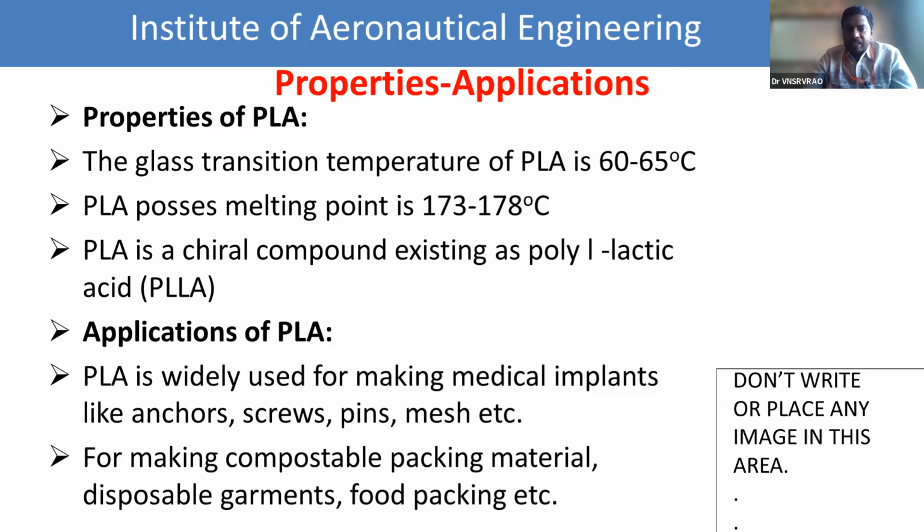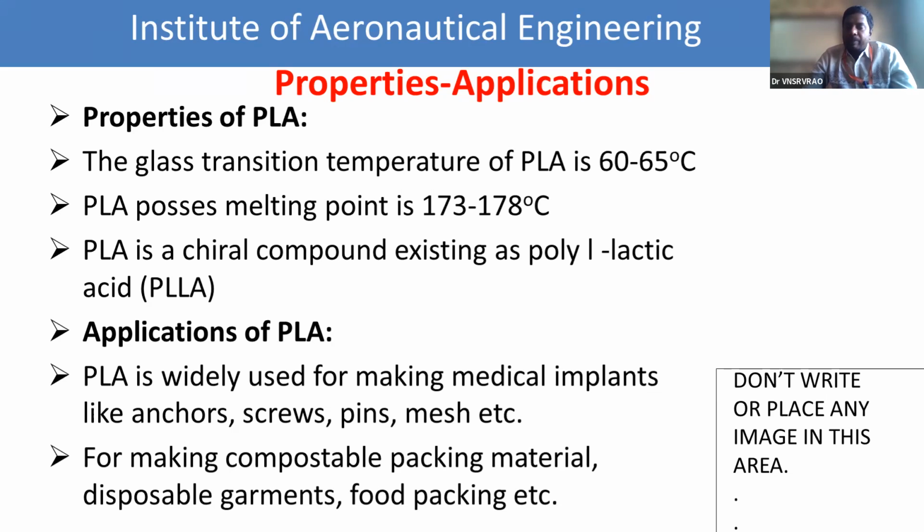And this polylactic acid is a chiral compound. That means the compound satisfies the tetravalency of carbon, and it is linked with different groups. So that is called a chiral compound.